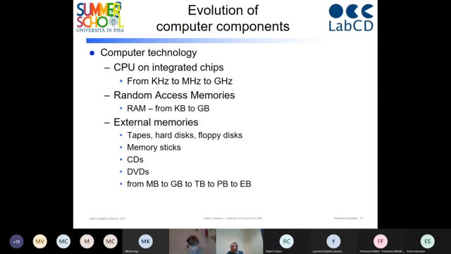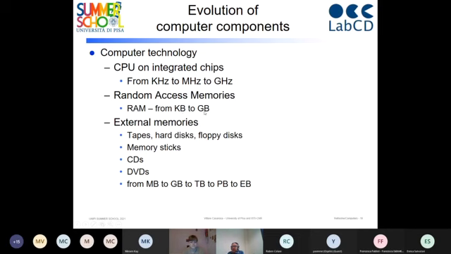The same jump was done in the RAM, in the memories, that went from kilobytes, meaning thousands of bytes. A byte, we will see in a moment, is a packet of 8 bits. So it's a packet of 8 binary digits, or a packet of 8 zeros and ones. It is called a byte.